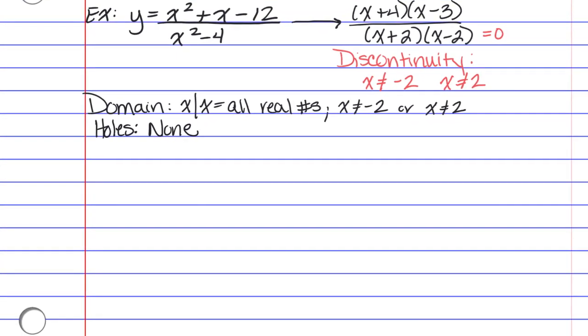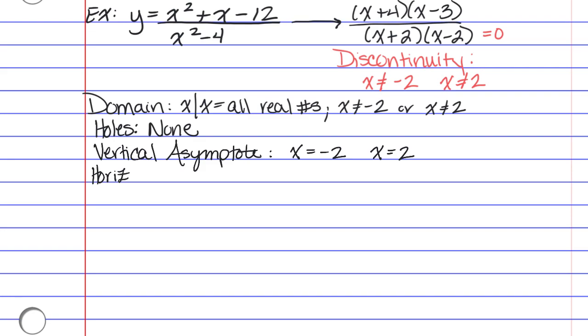Instead, we have vertical asymptotes. Our vertical asymptotes occur at x equals negative 2 and x equals 2, because those are the two inputs that create those points of discontinuity. We know they're asymptotes because they are non-removable.